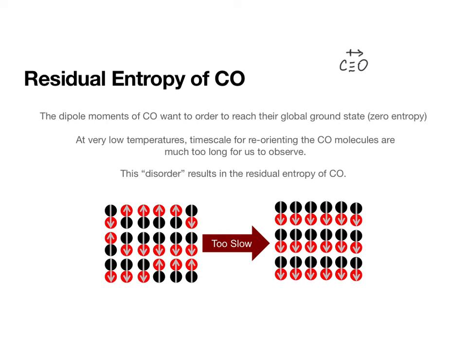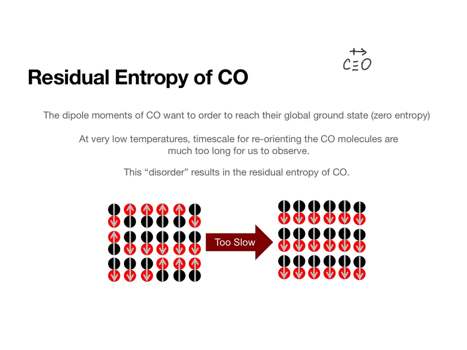At very low temperatures, the time scale for reorienting these molecules is much too long for us to observe. We're talking eons. And so this disorder that we see, where some of these dipole moments are pointing down and some are pointing up, this is the residual entropy of carbon monoxide.